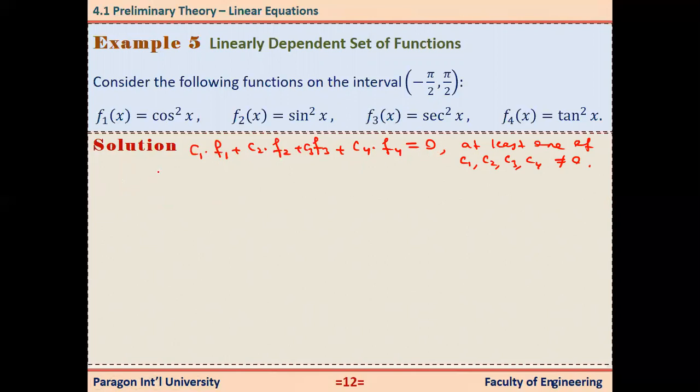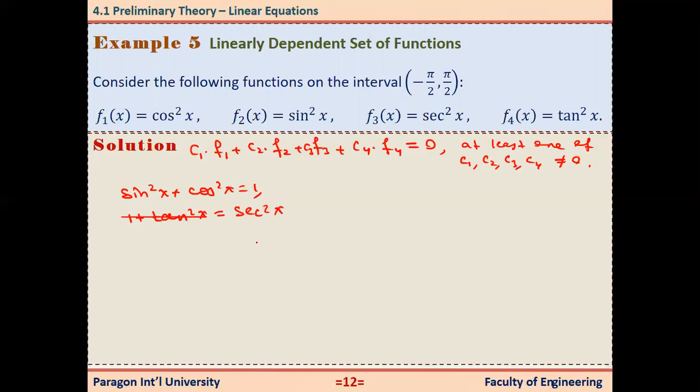Okay, I see. Immediately, think of this identity. How are cosine squared of x and sine squared of x related to each other? We know that sine squared of x plus cosine squared of x is equal to 1. And how about this one? We know that 1 plus tangent squared of x is equal to secant squared of x.